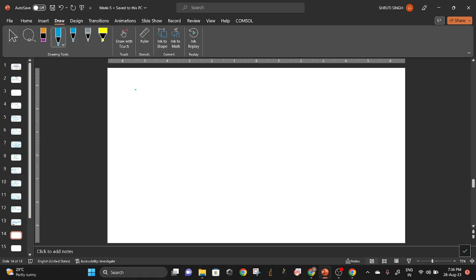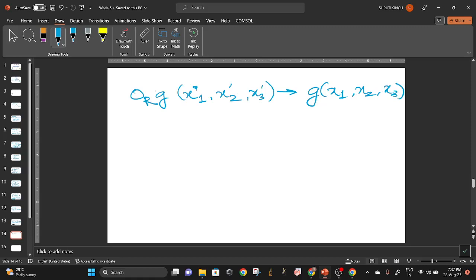If you are writing a transformation operator O for the symmetry operation R, and this is the function applied on x1', x2', and x3', then since this is a definition, it leaves the coordinates as x1, x2, x3, meaning the initial position vector, and after doing the operation O for the symmetry operation R, the coordinates become x1', x2', and x3'.